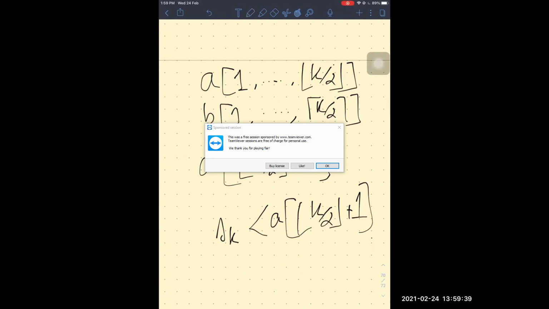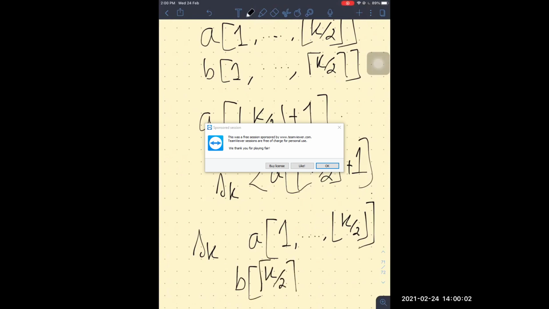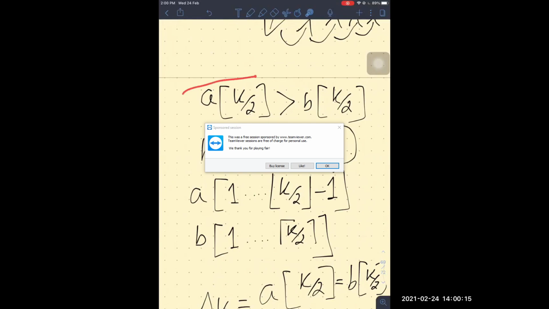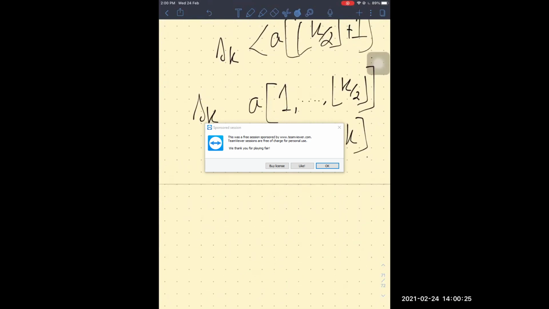Okay, so from here we can say that S_k must be located somewhere inside A1 to k/2 and B[k/2 plus 1] to k, for the case when A[k/2] is greater than B[k/2]. Is this part clear?